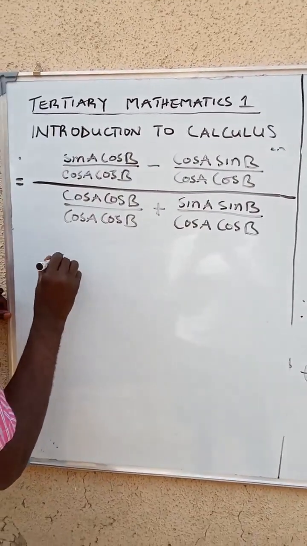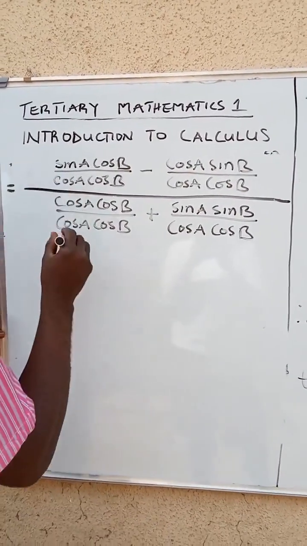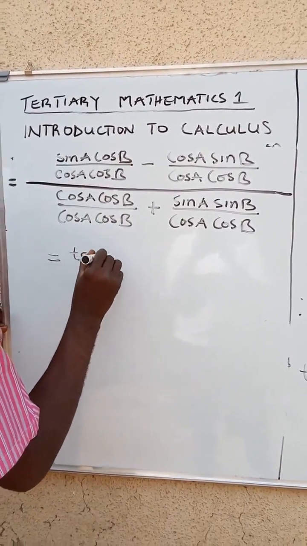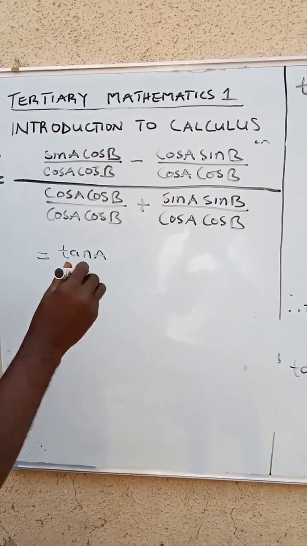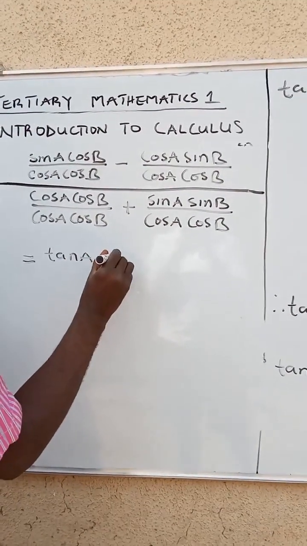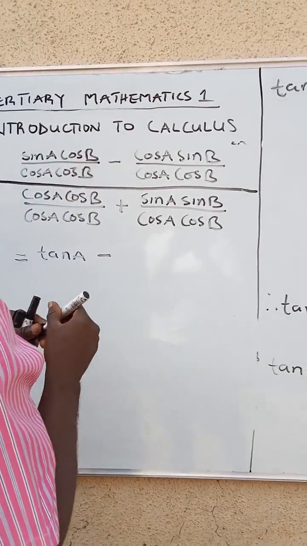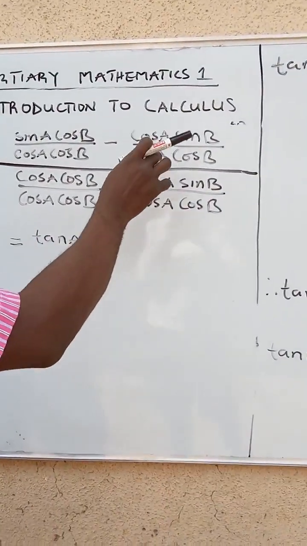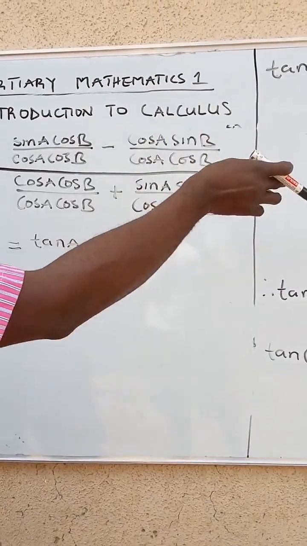So this will give me what? This will give me sine over cos, which is tan A, minus cos A sin B. Cos A is like 1. I explained it there.